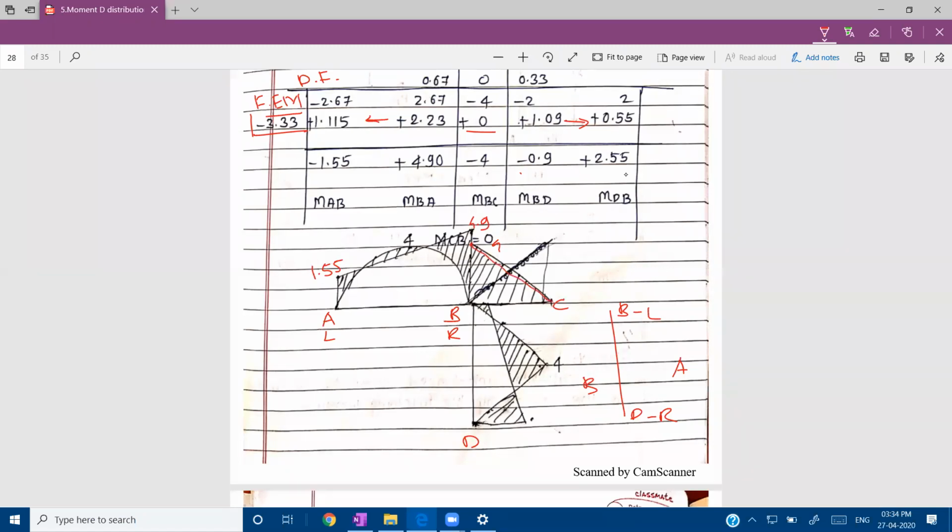So this is your line. In case of BD, there is a negative value of minus 0.9. So at the left support this value is 0.9 negative, and at the right support positive moment above the baseline, this is 2.55. Because for this BD column, this will be the above side, this will be the below side. Like this, the BMD is plotted.